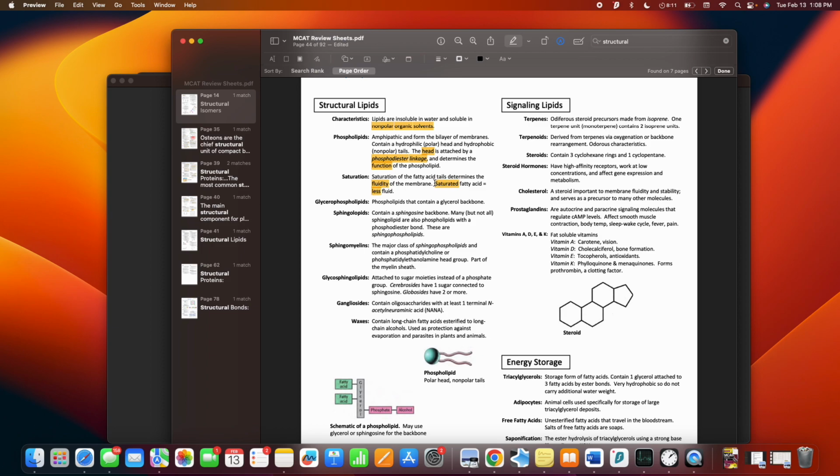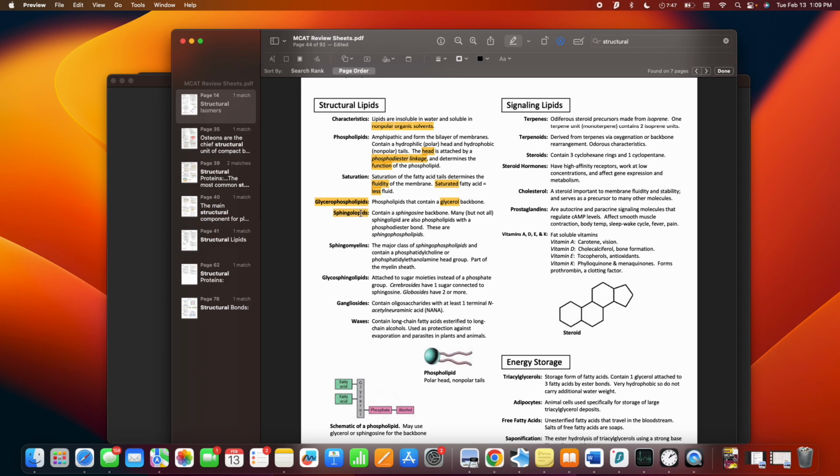That's why they're solid, like animal fat compared to oils. Glycerophospholipids contain a glycerol backbone. Then we have sphingolipids.